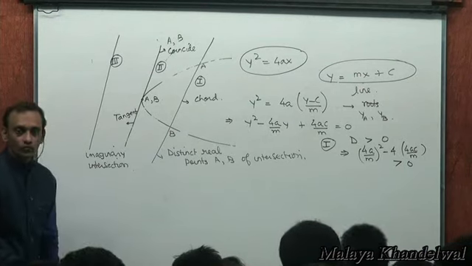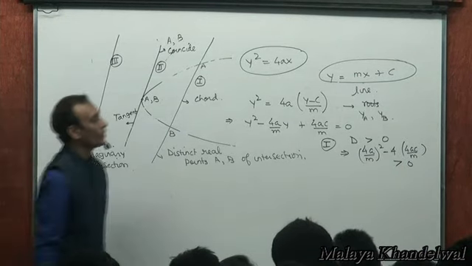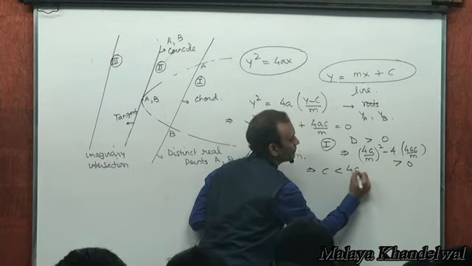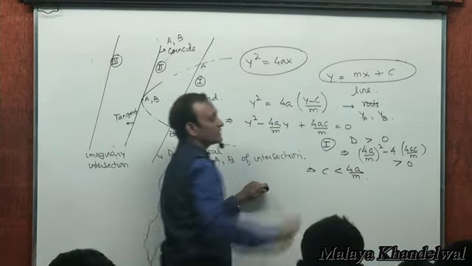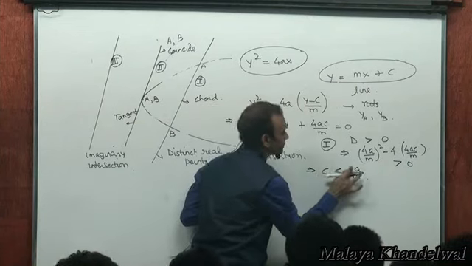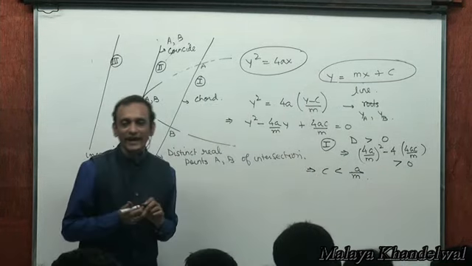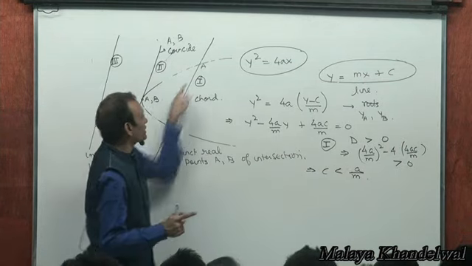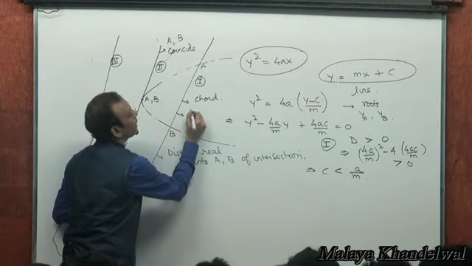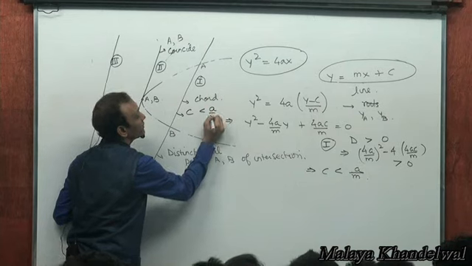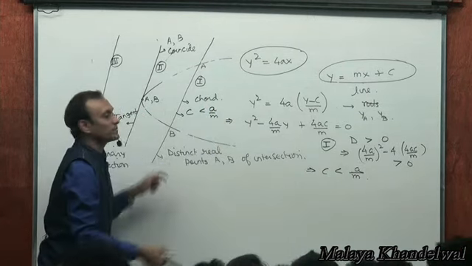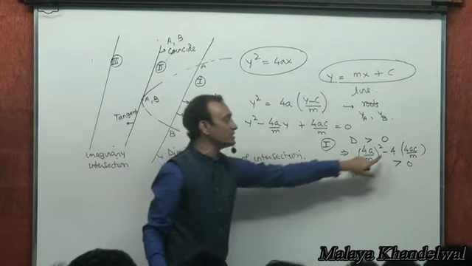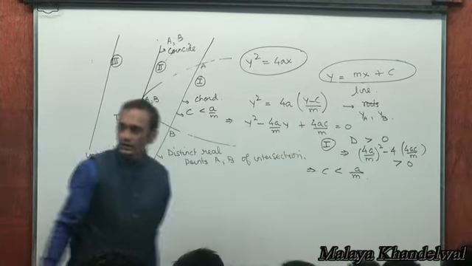This gives me c less than a by m. So this y equal to mx plus c will become a chord of the parabola if c is less than a by m.